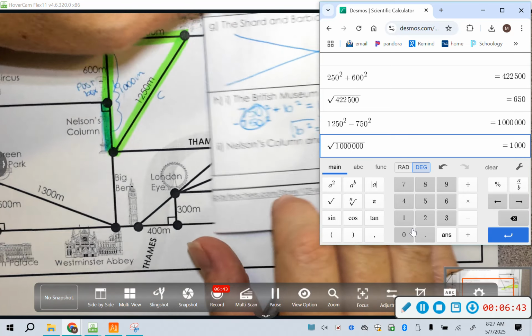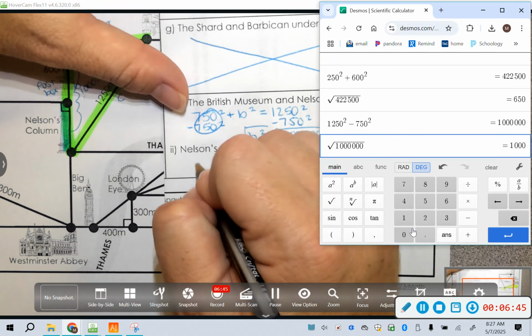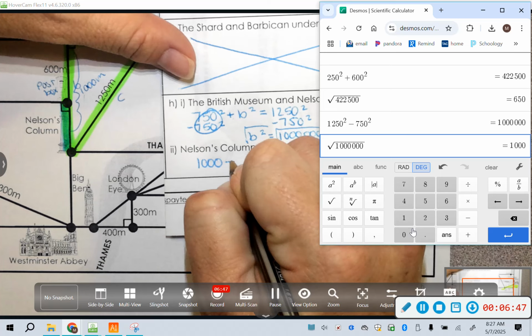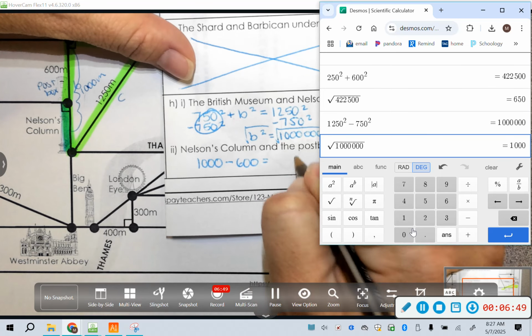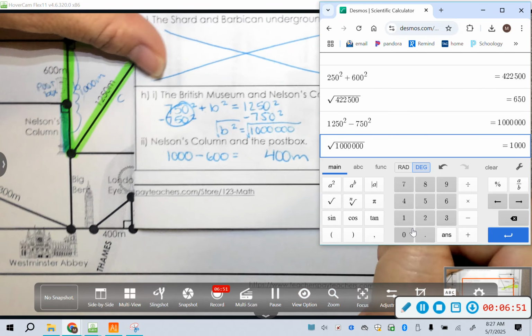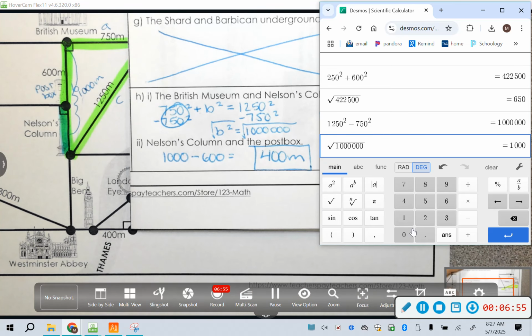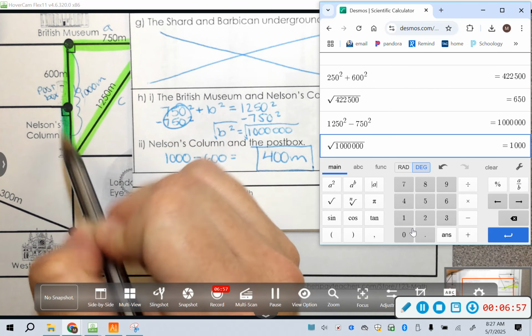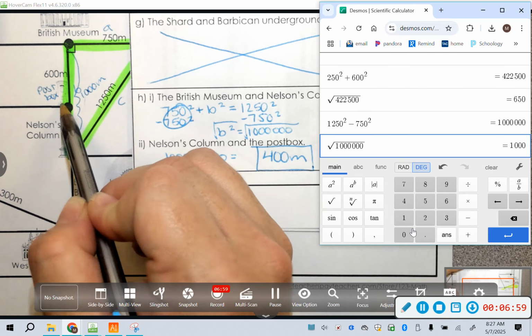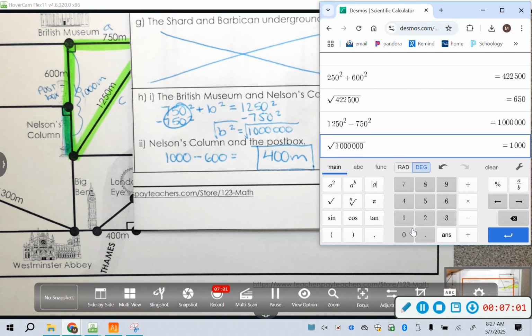Subtract. So it's 400. You're exactly right. So I would just do 1,000 minus 600, which gives me 400 meters. Because I'm going to take the whole distance minus the little bit of distance we do know. And whatever's left over is my answer. Does that make sense?